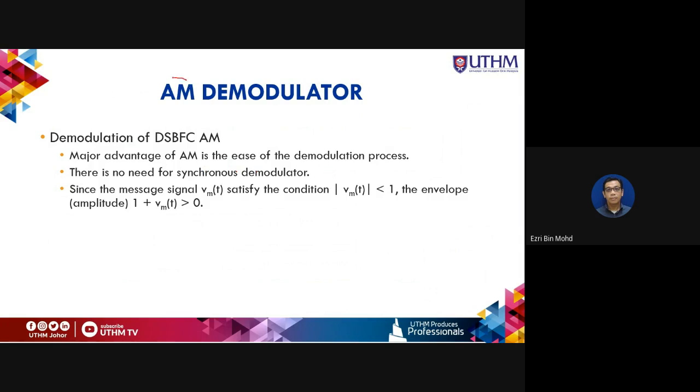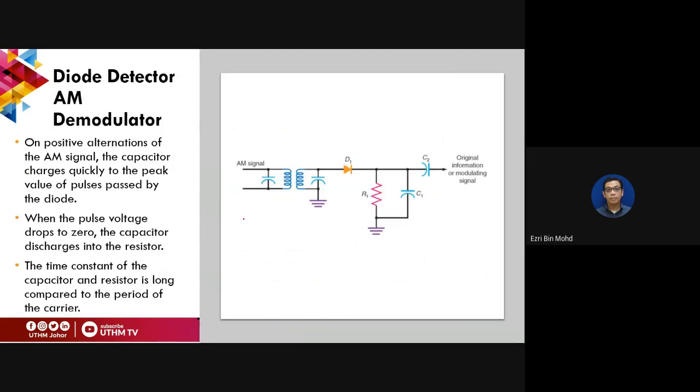The AM demodulator circuit is not complex compared to other modulation techniques, which are frequency modulation or phase modulation. There is no need for a synchronous demodulator for double sideband full carrier. Since the message signal satisfies the condition |VM(t)| less than 1, the envelope amplitude 1 plus VM(t) is always more than 0.